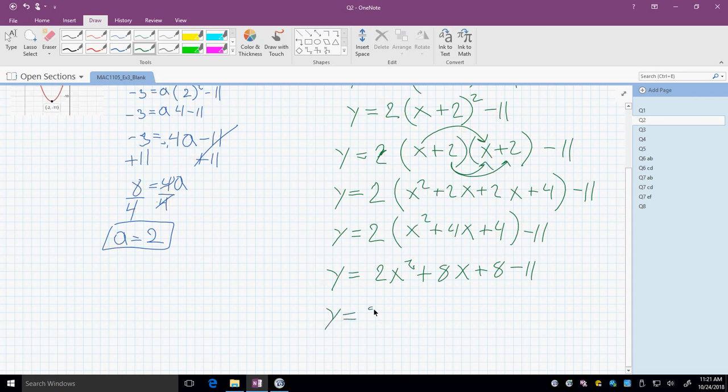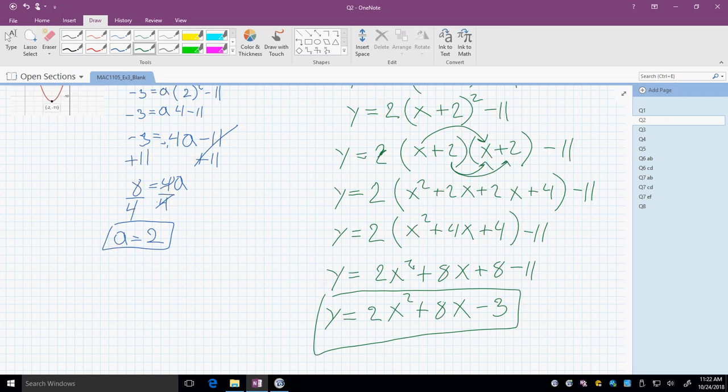Our next step is to simplify the constants, which gives me a negative 3. So that's our final function.